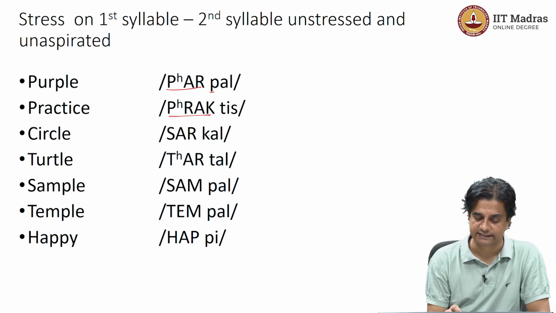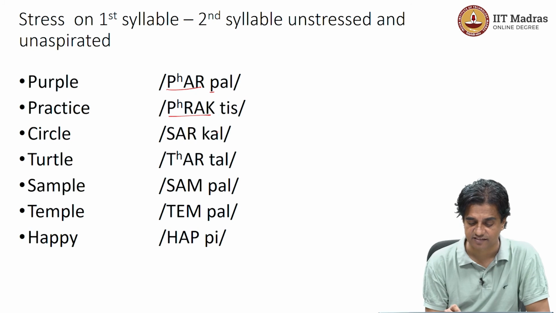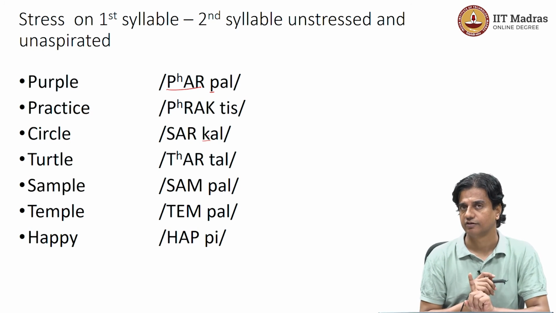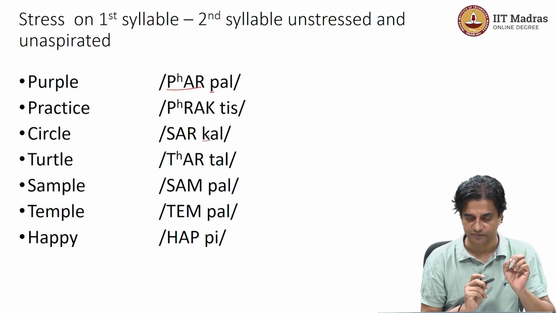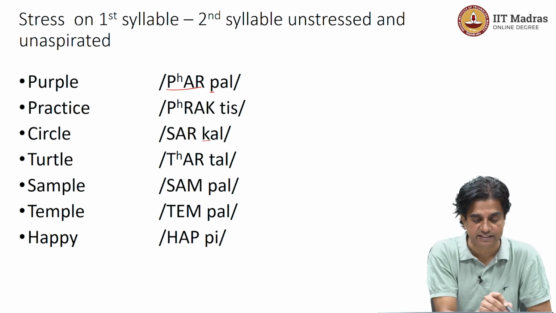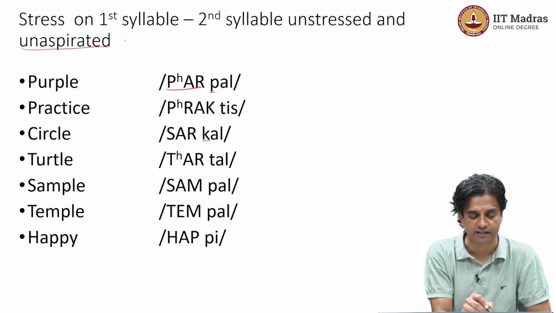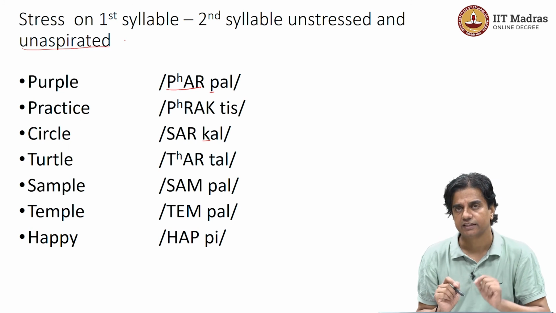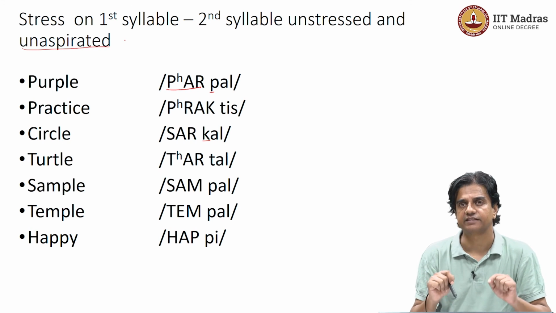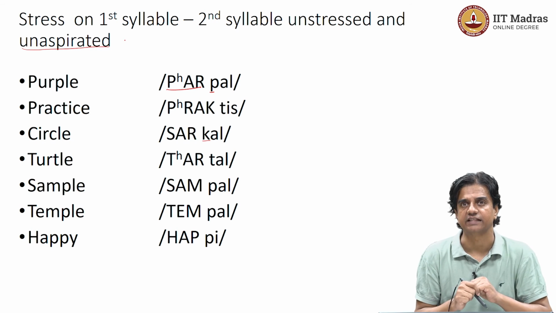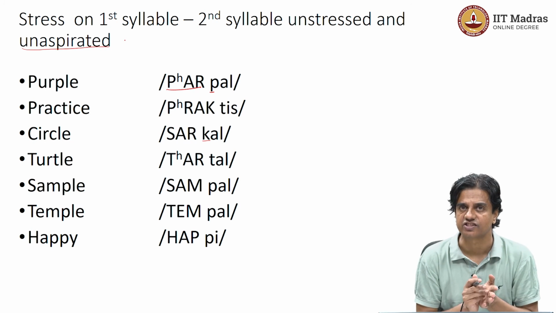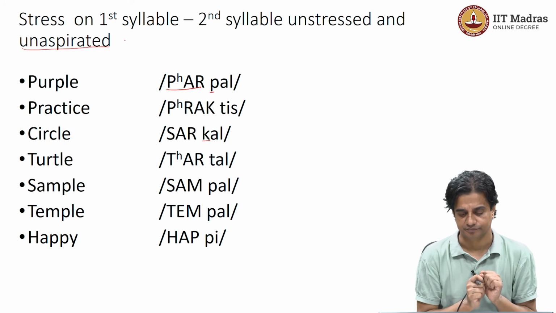Circle, second syllable not stressed because the first one is stressed, ka in the syllable initial position, no aspiration. Therefore, when the stress is on the first syllable, the second syllable is unstressed and unaspirated. What I mean to tell you is the unaspirated sound remains unaspirated because it is an unstressed syllable.